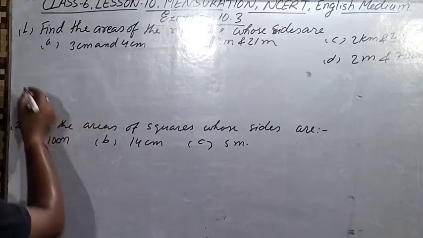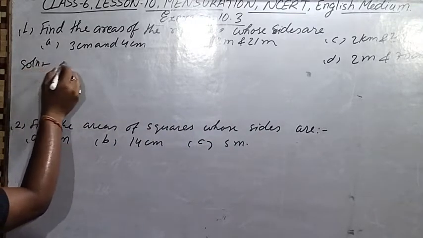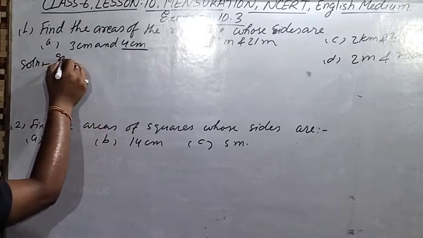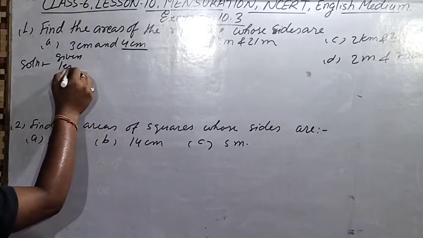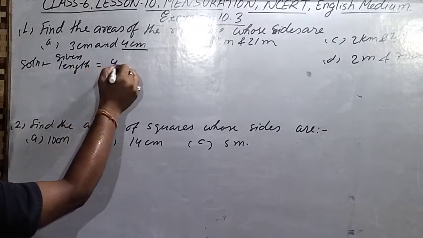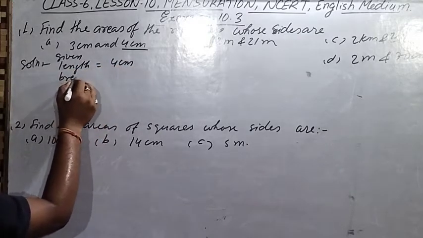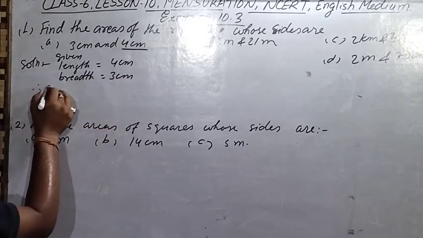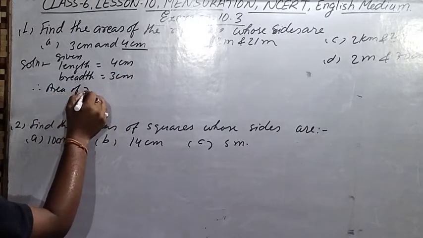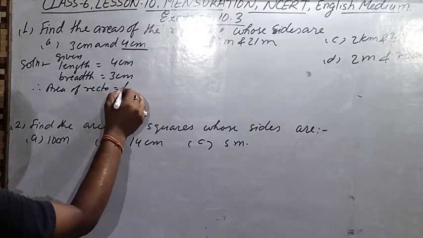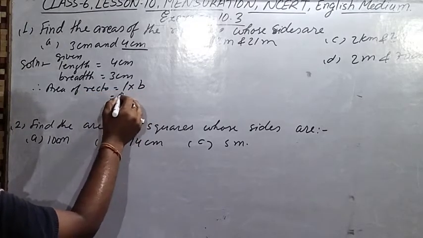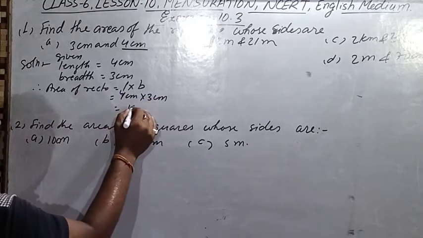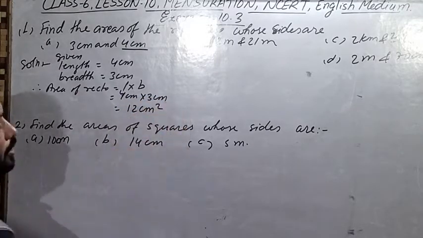So first, solution of A: the larger one we will take as length. So you write here given length equal to 4 cm, breadth equal to 3 cm, therefore area of rectangle equal to L into B, that is equal to 4 cm into 3 cm equal to 12 cm square.